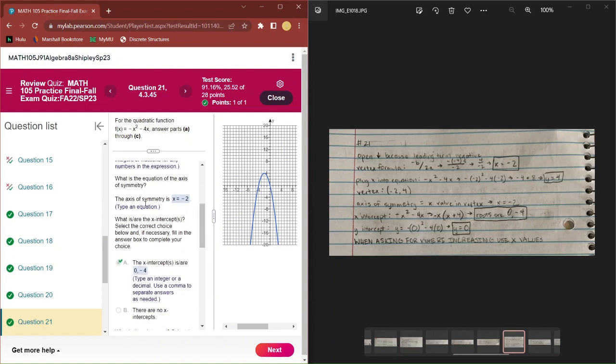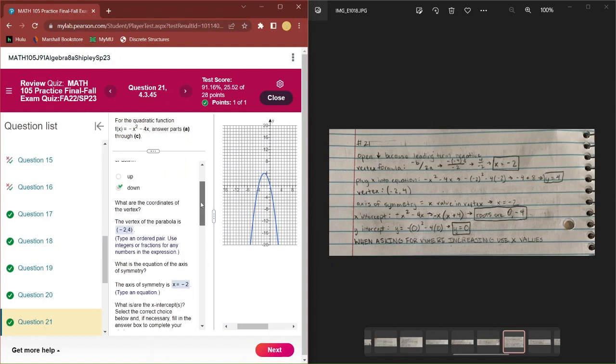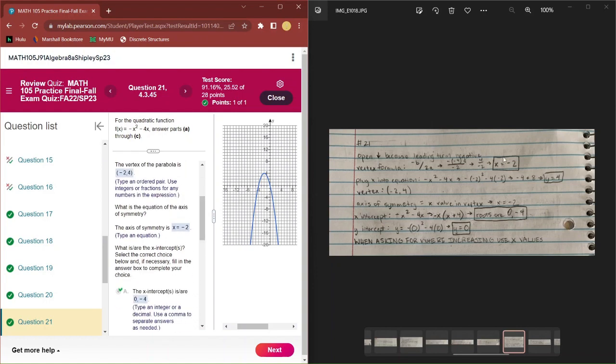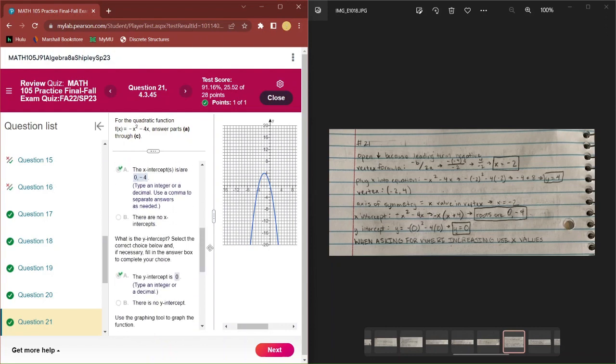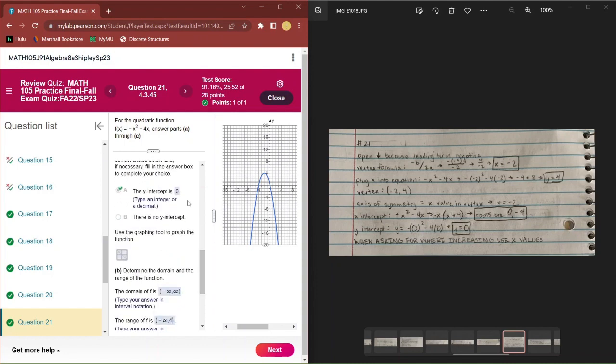And then the axis of symmetry is the same thing as the x value in your vertex that you just solved for. So the axis of symmetry is just -2. And then the x-intercepts you solve by factoring the main equation. As you can see here, I factored, which is -x plus 4, so it'd be 0 and -4, which are the roots.